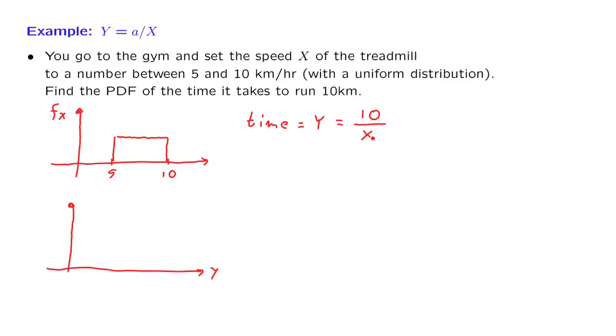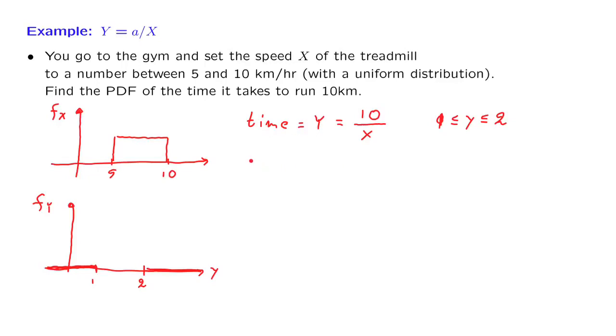Since x takes values between 5 and 10, y takes values between 1 and 2. Therefore, the PDF of y is going to be 0 outside that range. And let us now focus on values of y that belong to this interesting range. So 1 less than y less than or equal to 2.